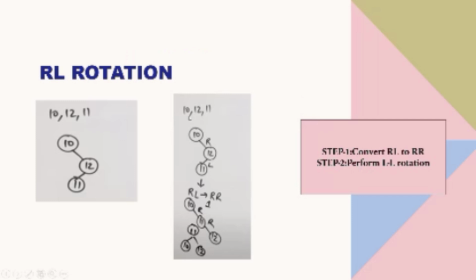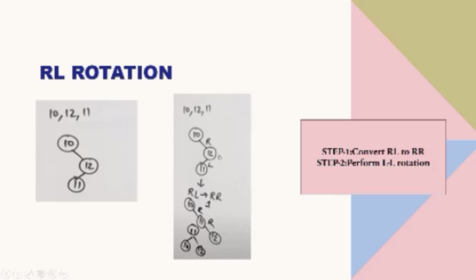Now moving on to RL rotation. If we take an example of 10, 12 and 11, they are arranged in the following format which satisfies the principle of binary search tree. If we observe here, the root node 10's balance factor is not acceptable because the height of left subtree is 0 and the height of right subtree is 2, so the balance factor is minus 2. So it is an imbalanced binary search tree. In order to convert this to an AVL tree, there are two steps to follow. The first step is to convert the RL format to RR format.